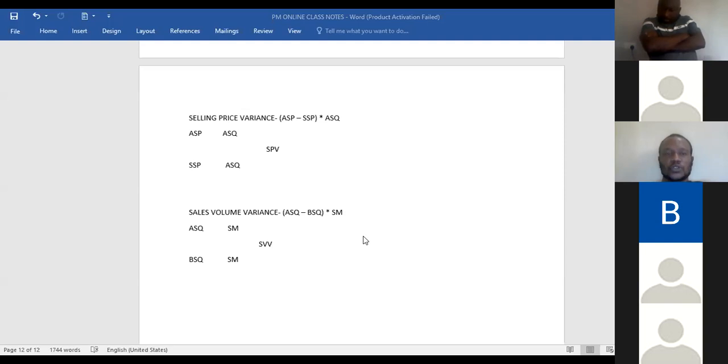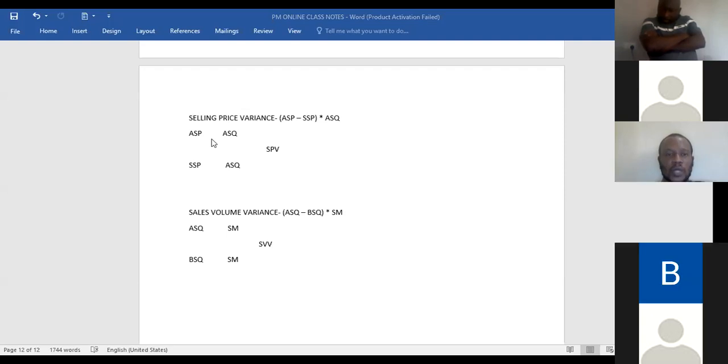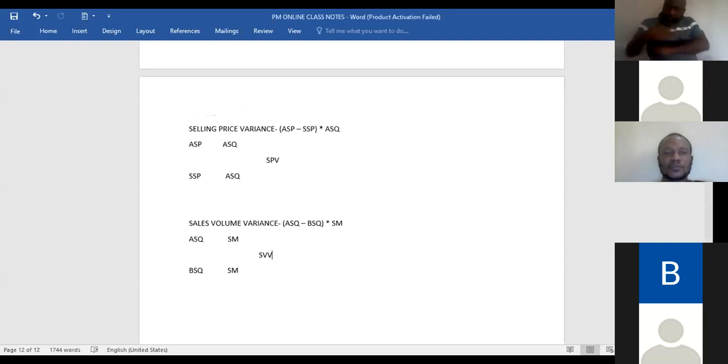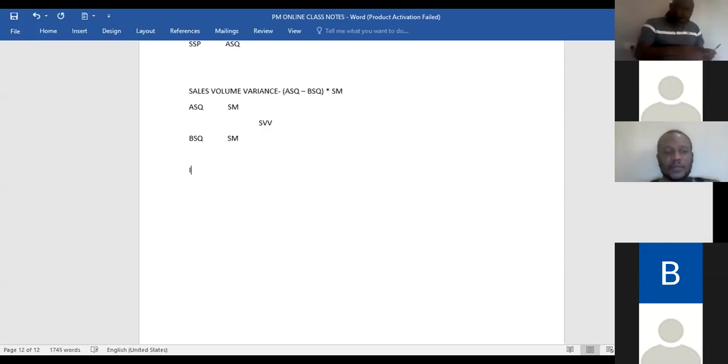So like I said, we can either have it in this structure, or we can have it like this for the sales variances. I think there are 6. These 6 variances are our basic variances. Just to note, immediately we come back, we go to that white screen and discuss basic versus advanced.